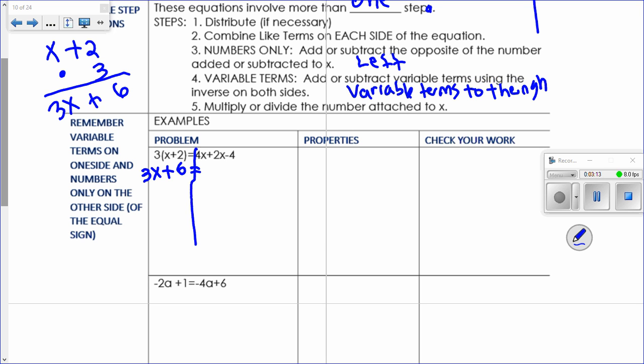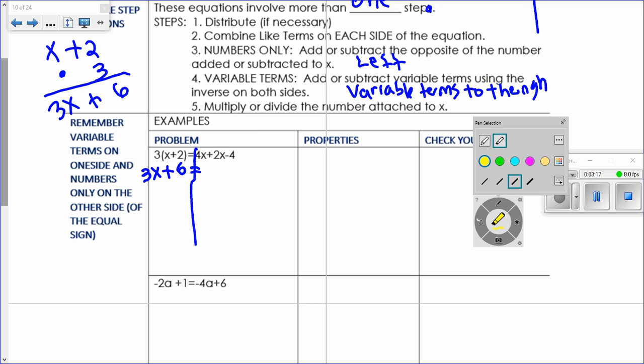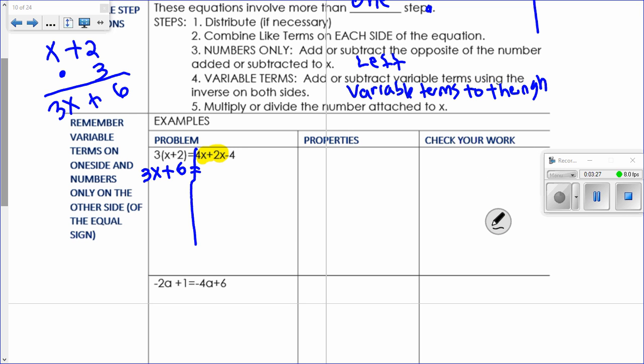Now, on the right, I'm looking for my like terms. I'm going to combine them on the right. These are my like terms, 4x and 2x. They have the same variable. Those variables have the same power. I can't do anything to negative 4, so it just comes down. But 4x's plus 2x's equals 6x's.